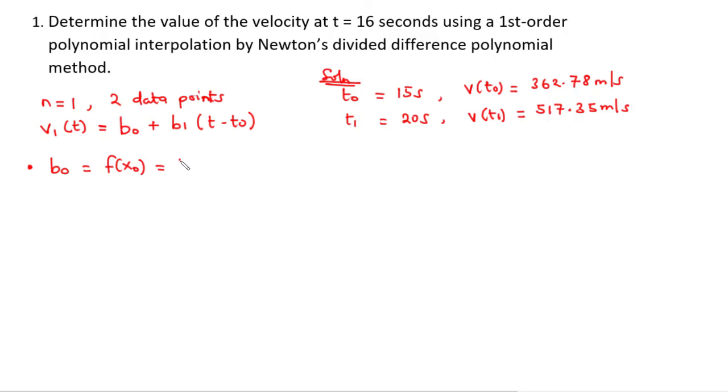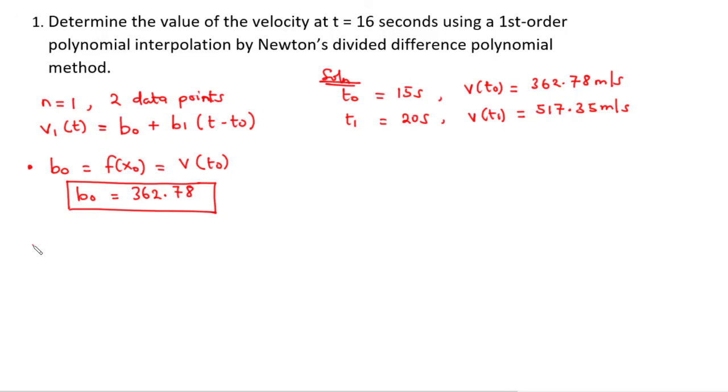So we have v of t0, and thus b0 is equal to 362.78. This is the value of b0.